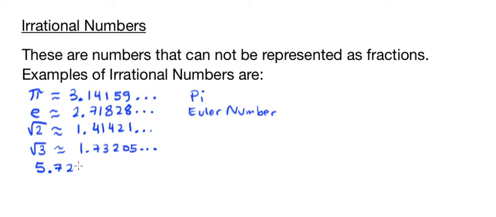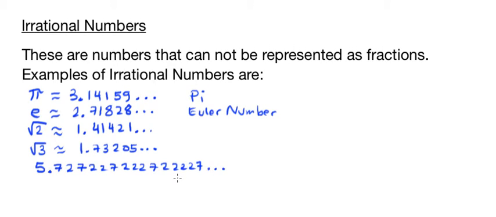Then we can see this number, 5.7272227 and so on. This number is non-terminating, non-repeating, even though it shows a pattern, right?